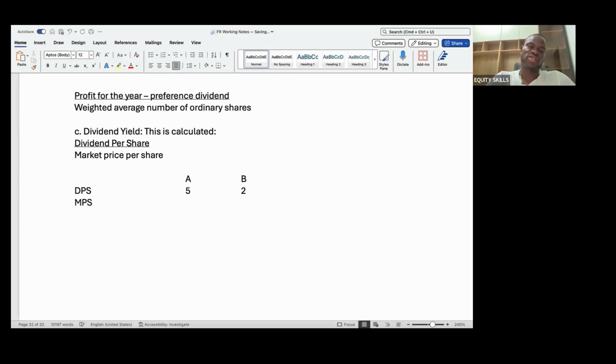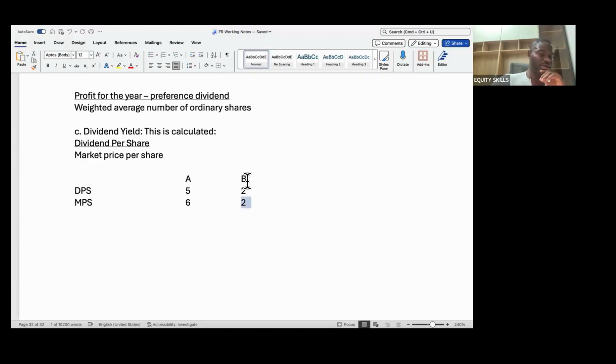But you then discover that the market price to buy the shares of company A, you will need 6 naira. To buy the shares of company B, you only need 2 naira. Then it will hit you that it seems company B is better because if I buy more of their shares, I'll make more money. If I invest in this guy, I will get 100% return.